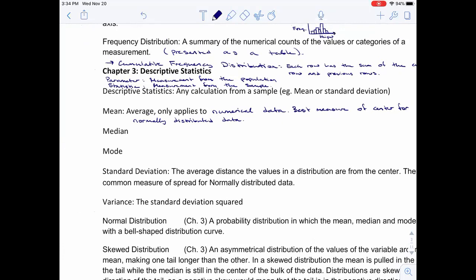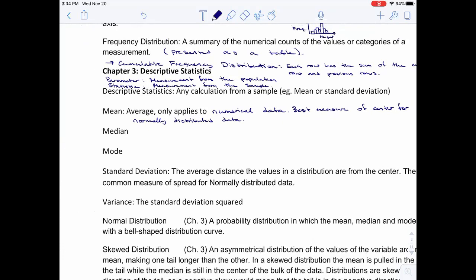The median, right, is the central value, and we use the boop, boop, boop method, right? And so we sort our data and then we kind of work our way in, right? Or you can use Excel or whatever software you want. It'll be able to calculate the median for you if you have large data sets.